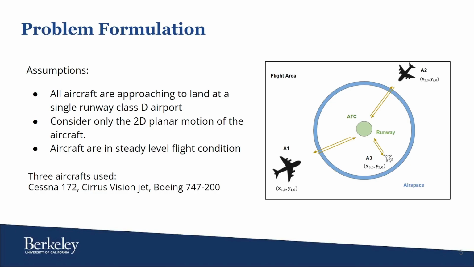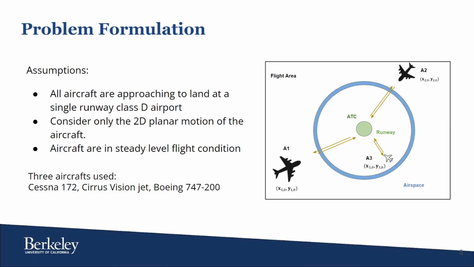As shown in the figure on the right-hand side, there are 3 planes that we chose to simulate, including Cessna 172, Cirrus Vision Jet, Boeing 747-200, and we only consider 2 degrees of freedom of the aircraft, its position with respect to their inertial frame.